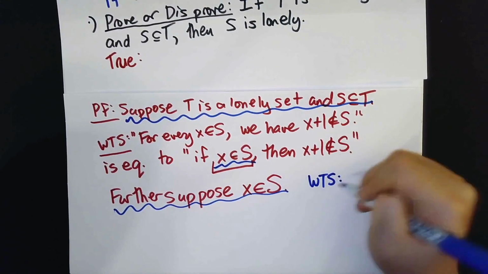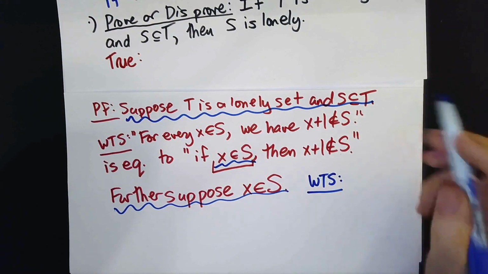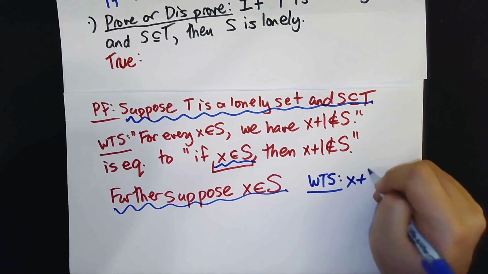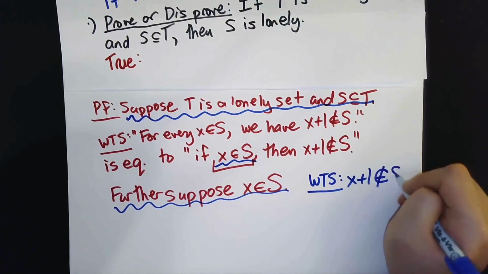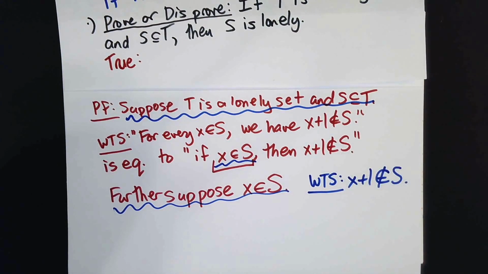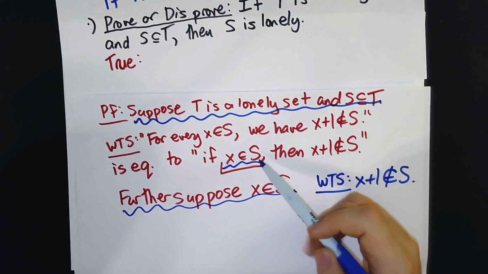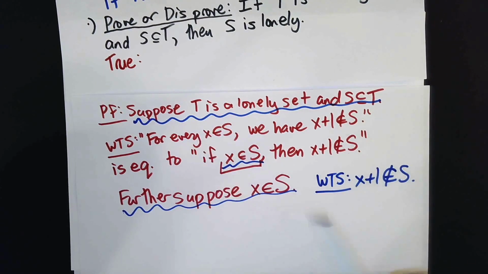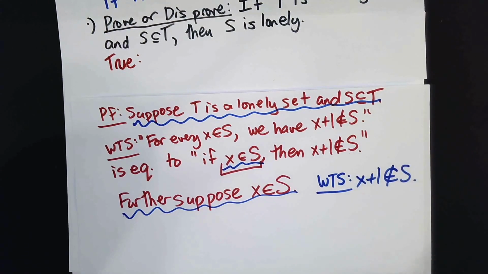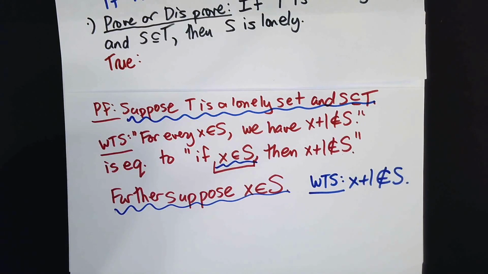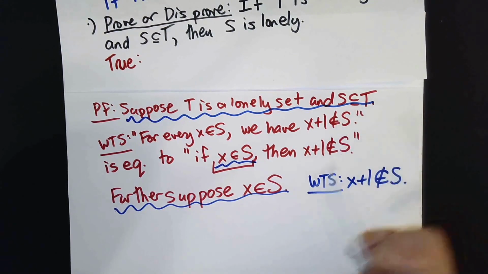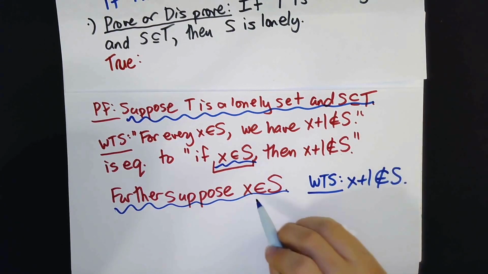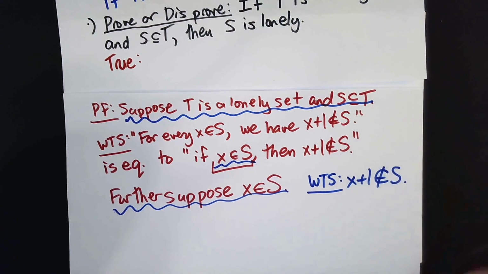What is it I want to show again? I want to show that x plus 1 is not an element of S. But I don't know much about S, but I know a lot about T. But I do know that S is a subset of T, so I want to use that. Namely, the fact that S is a subset of T tells me that x is an element of T. Right?